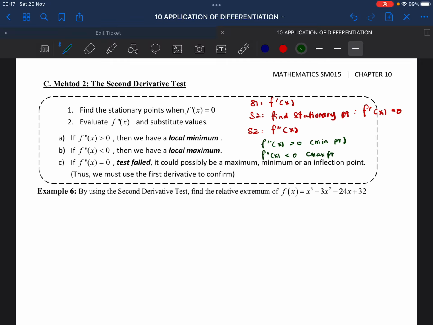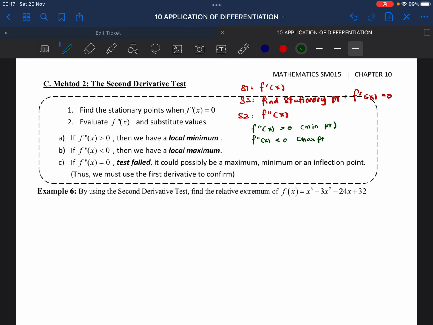How about if our second derivative is equal to 0? Therefore our test will fail. Test fail, therefore we are going to go back to our first derivative test table. So that is step 4 lah.